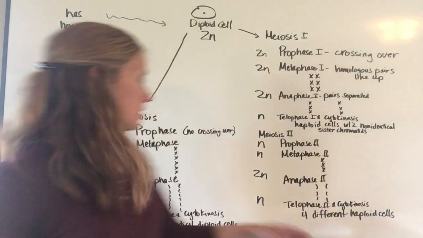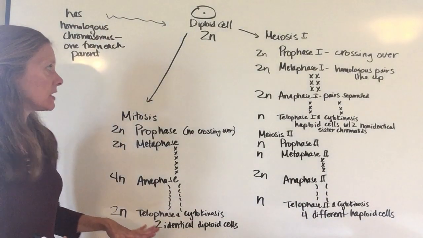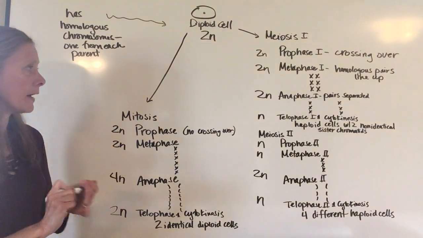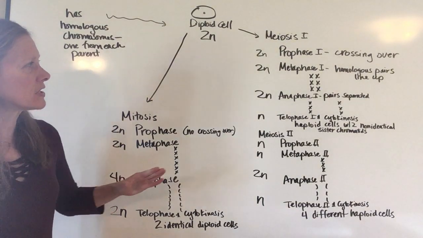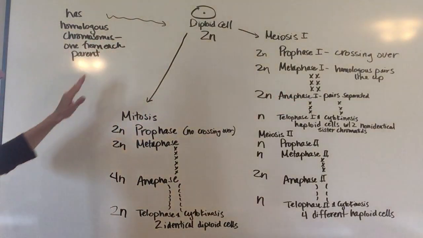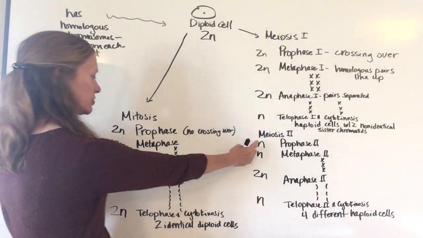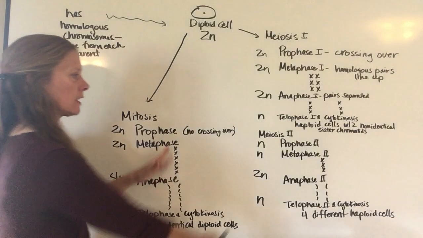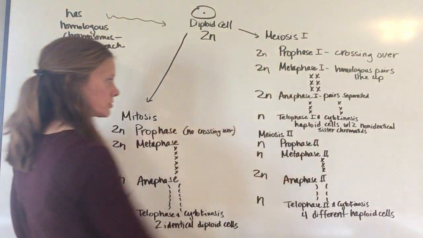Okay? So differences here are that in meiosis 1, you've got your homologous pairs lining up, whereas in mitosis and meiosis 2, the chromosomes line up singly and not in pairs. Okay?